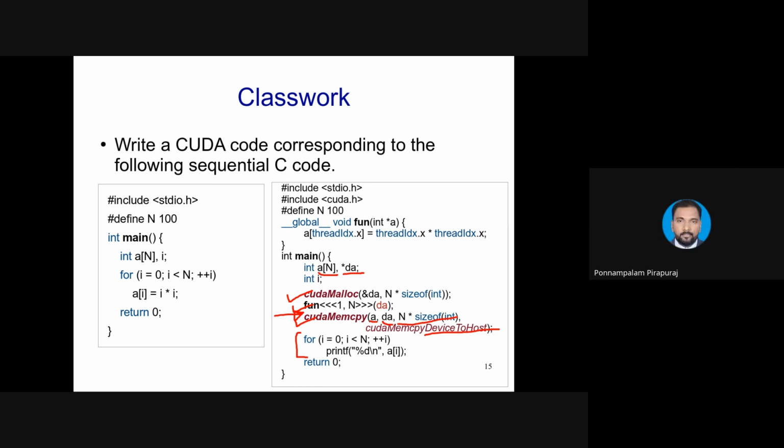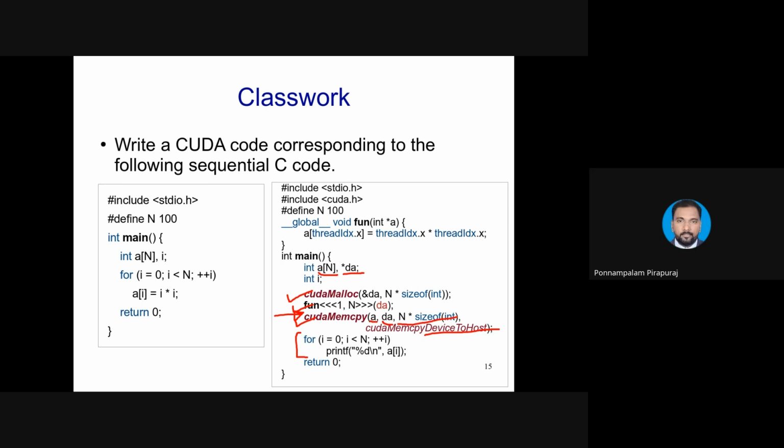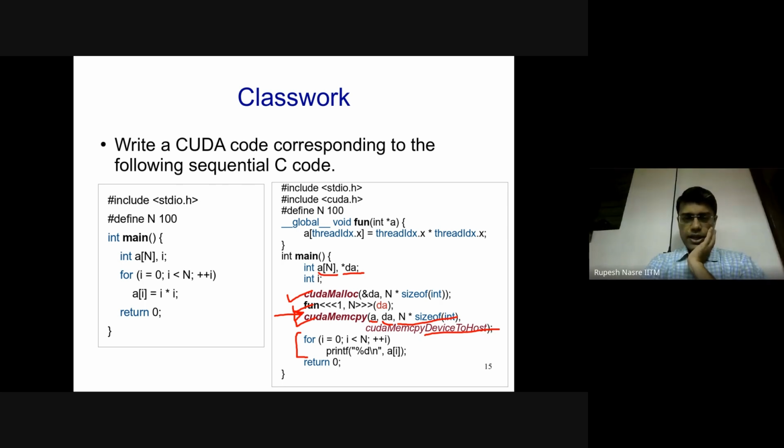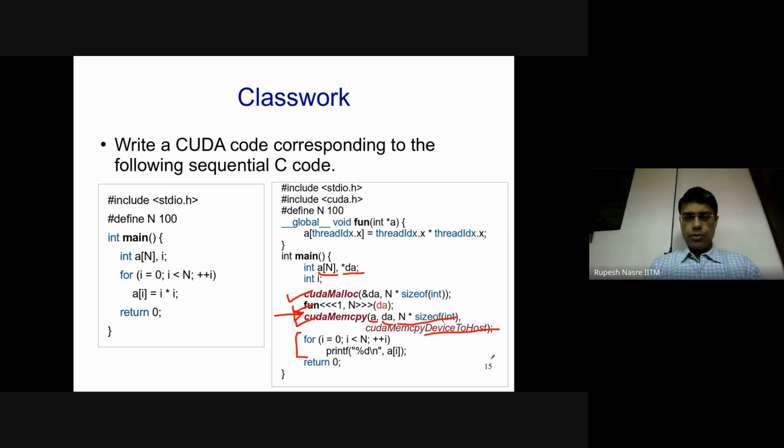Sir, Abhishek, you had a question. Yeah, sorry, Pirapura, you had a question. Okay, in the CUDA malloc, that is allocating memory in the GPU, right? So ampersand DA is giving the memory address from this CPU. Why do we send that memory address to the GPU kernel, you are saying? Yes, that's right. So that memory is going to get allocated using CUDA malloc on the GPU, and then there is a starting address. That starting address is only stored inside this DA.